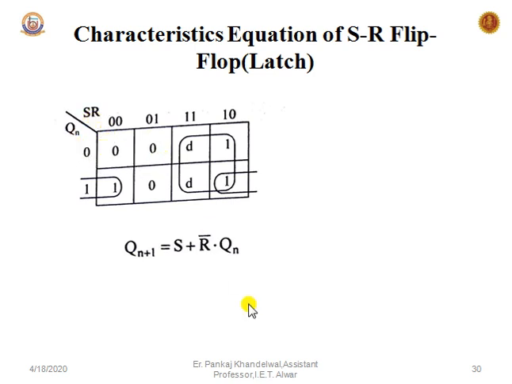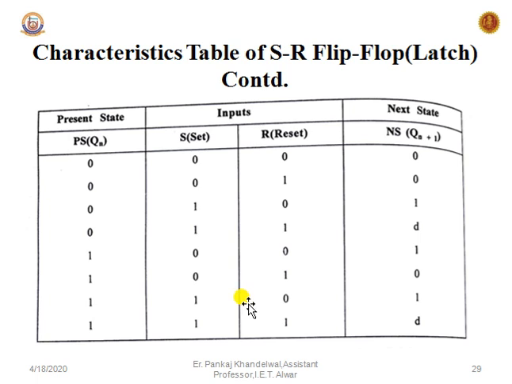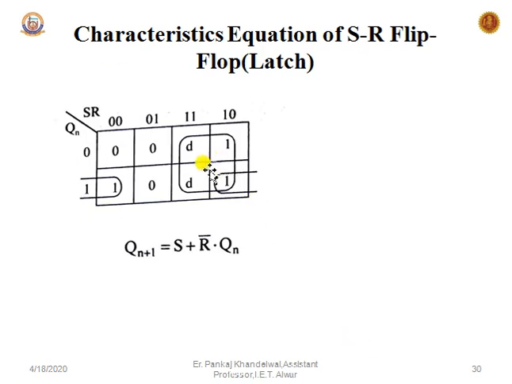We put all these cases in the 3 variable K-map, with Qn and SR. By solving this K-map, we find the equation Qn plus 1 equals S plus R dash Qn.